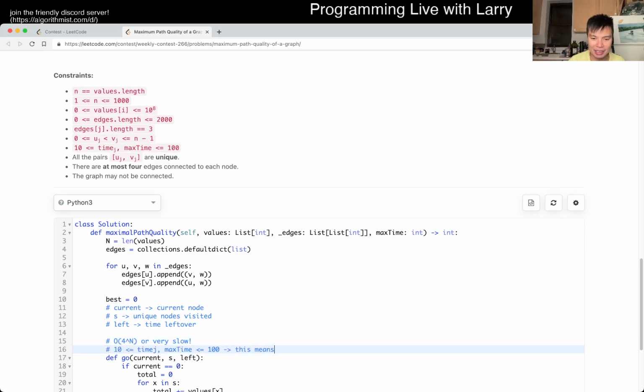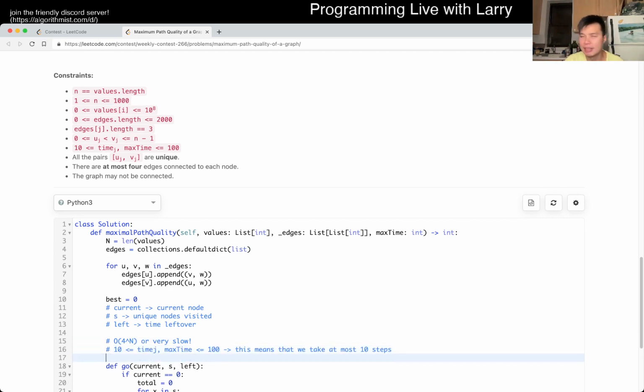This means we take at most 10 steps. Hopefully this makes sense. It might not be obvious, but once it's pointed out, it should make sense. I did recognize this during the contest, and you'll see it in the video, but I still got confused a little bit with the n, because n is 1,000, right?